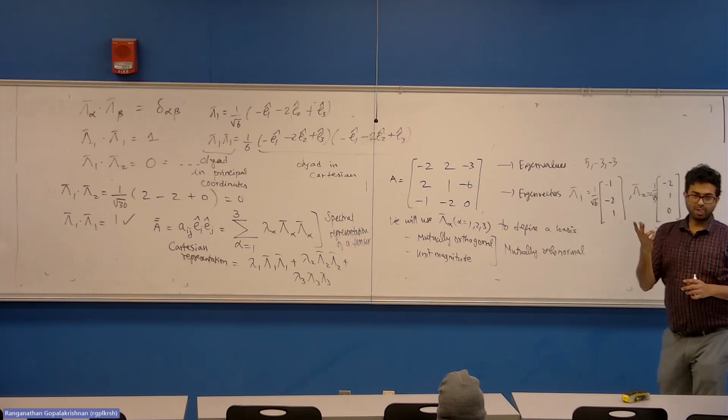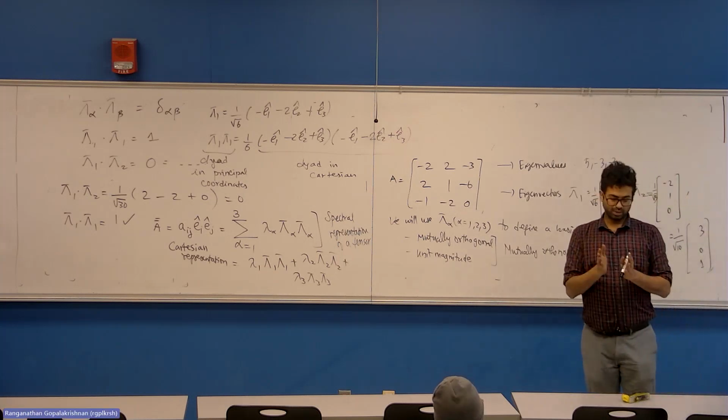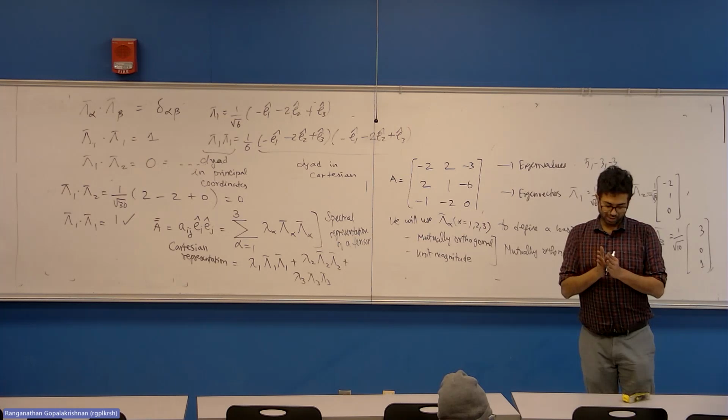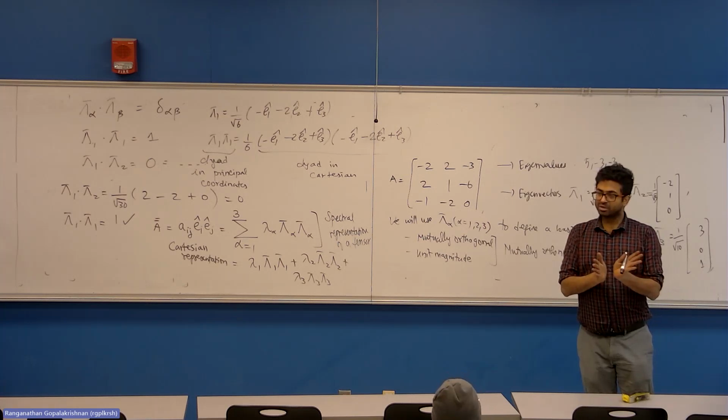It would give you two directions. One along which the tensile stress is the maximum, the normal stress is the maximum, and one perpendicular to that direction where the stress is purely shear and has the maximum possible value.